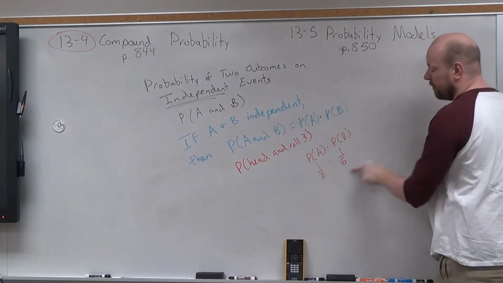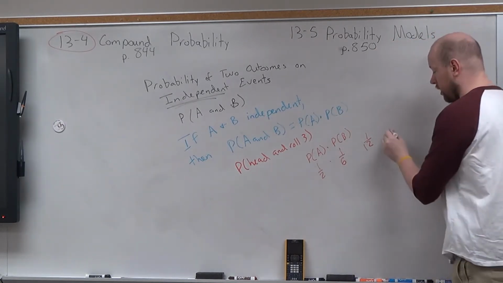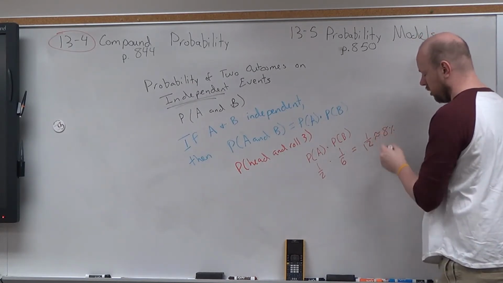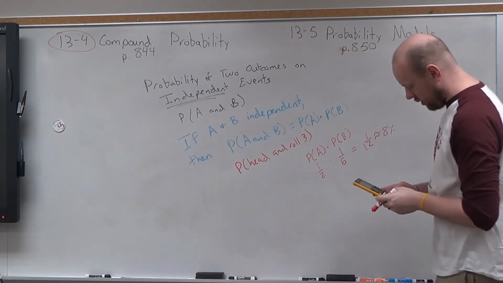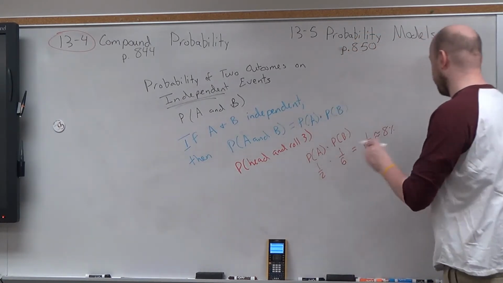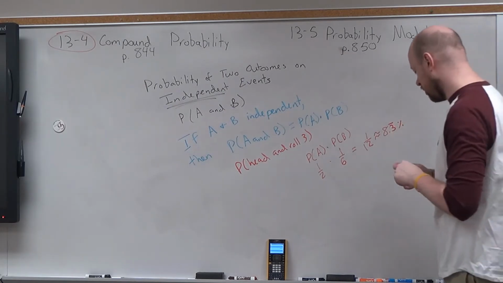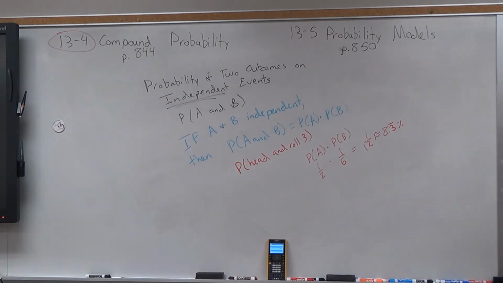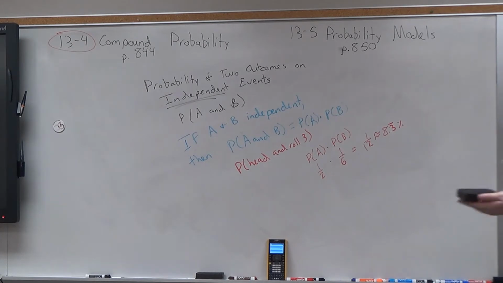And then I would just multiply it, so I'd get 1 out of 12. Or, what is that, 8%? I think it's roughly somewhere around there. 1 divided by 12 times 100. 8.3%, my fault. 8.3 repeating percent. So that's how that would work. So, as always, let's do an example with it.